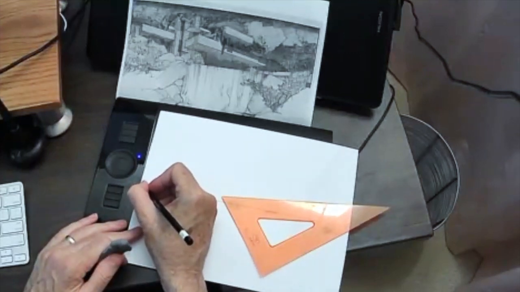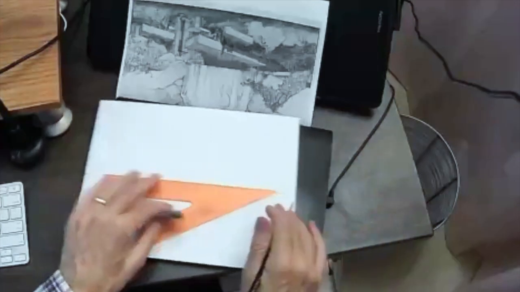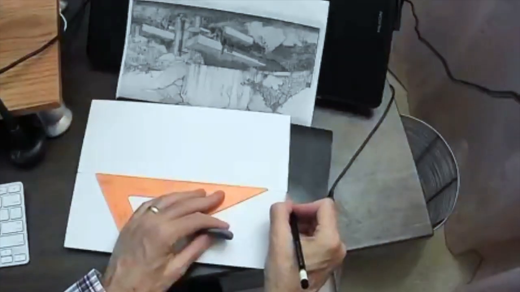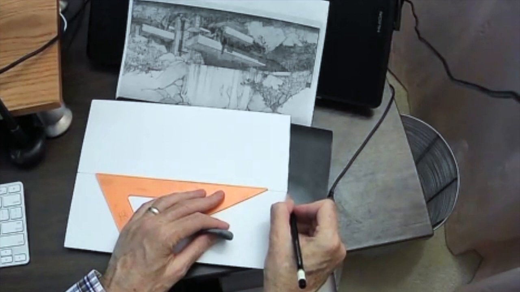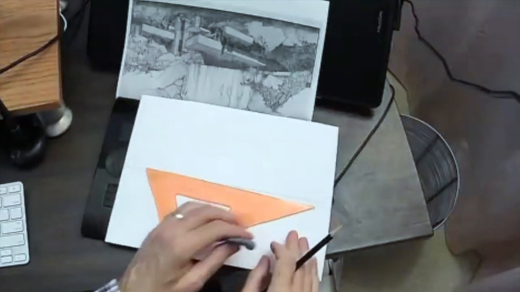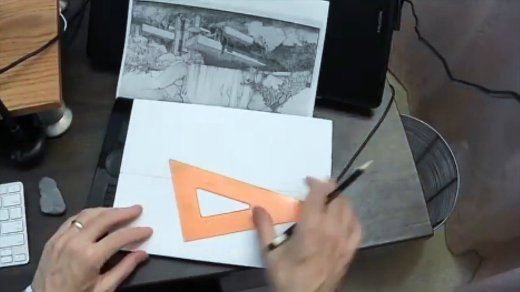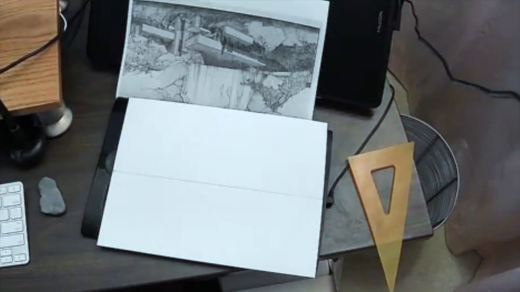That's my vanishing point, is the edge of that paper. And I'm going to use the same for the other side. So my vanishing points are here and here.